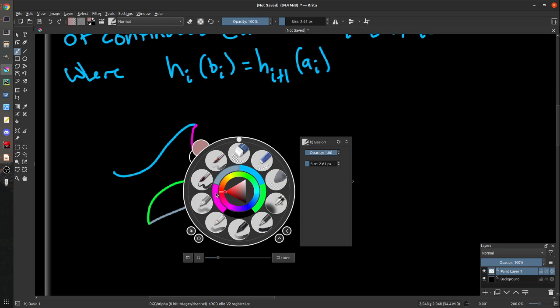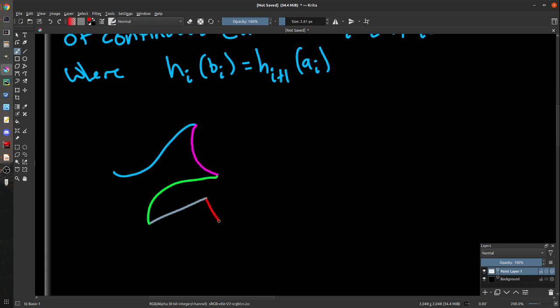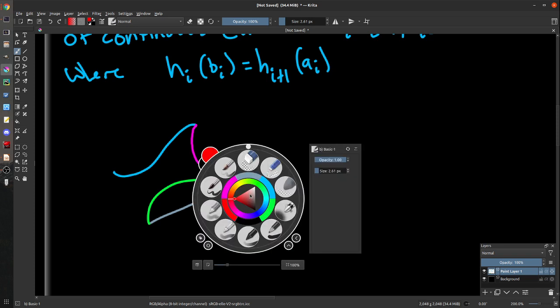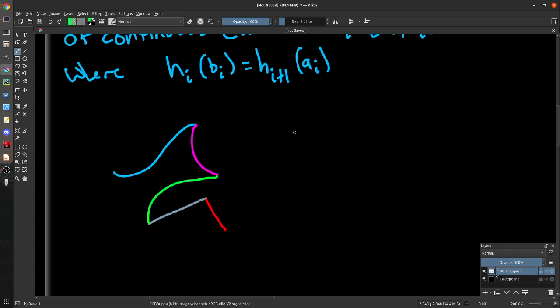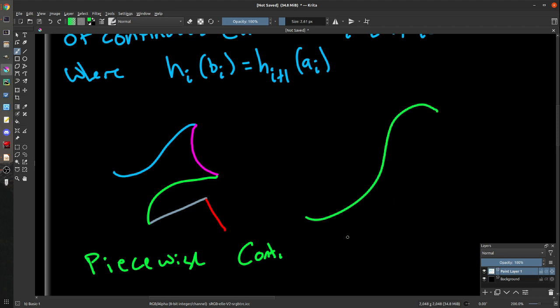Harsh turns is the right word, that's what I was looking for. So little different chunks. All you have to think about is exactly the kind of picture I'm drawing. This is piecewise continuous, and then you could just have a regular old continuous one.